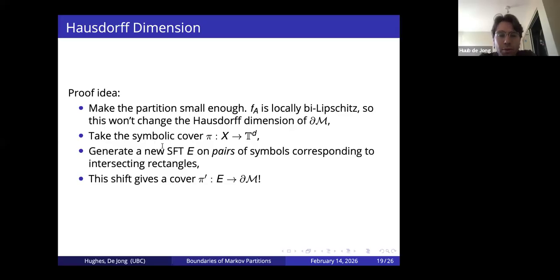This will give me these symbols and the corresponding transition relation will give me a new shift of finite type that I'm going to call E here. And this in turn gives a covering map pi prime from E onto the boundary. And this exclamation mark here is not a factorial.